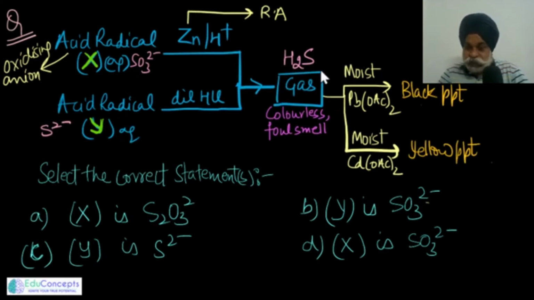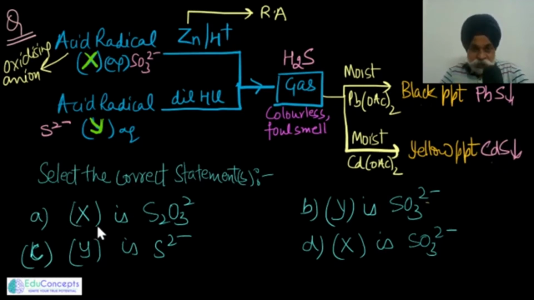And this H2S, when treated with moist lead acetate, will give some sulfide ions, because the solubility product of cadmium and lead sulfide is very small, so they require very little sulfide ion. So this gets precipitated and this also gets precipitated. So almost we are done with the question.